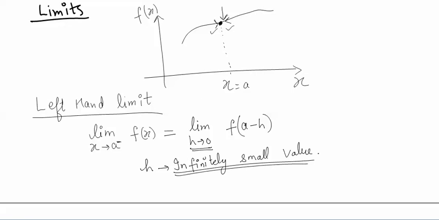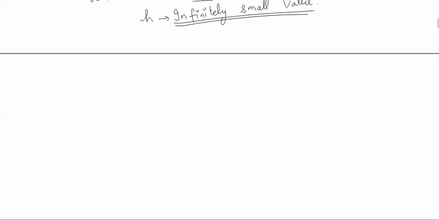It's a small element which is almost tending towards 0, but it is approaching from the left hand side, so we call it the left hand limit. If we approach from the right hand side, we will call it the right hand limit, right? And similarly, let us talk about the right hand limit.